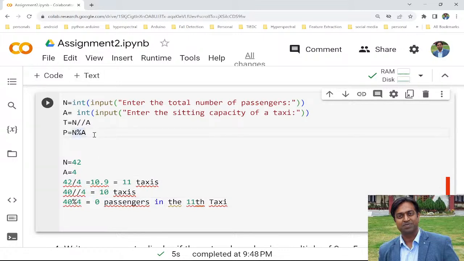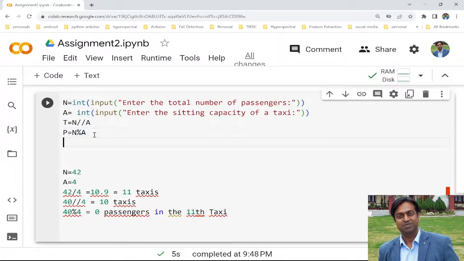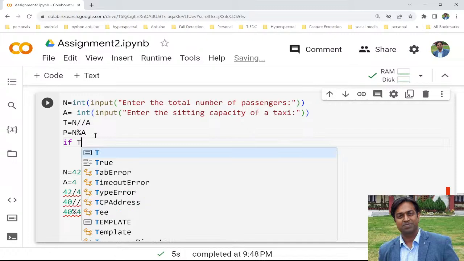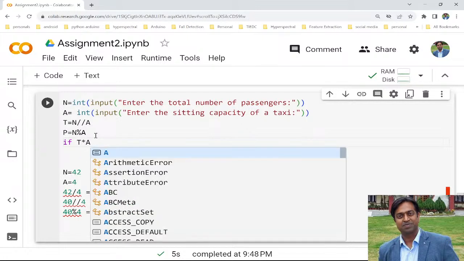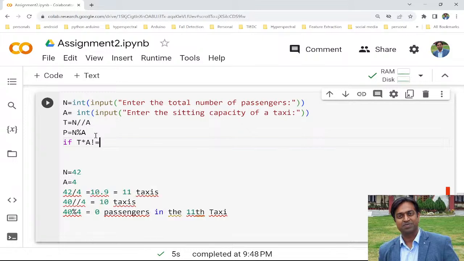So what I can do over here is put a condition that if T into A is not equal to N. What is T into A?